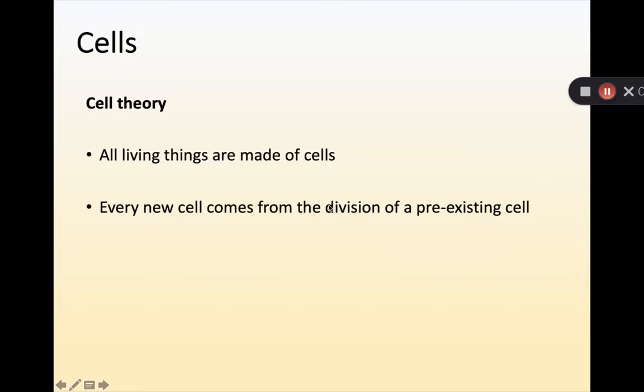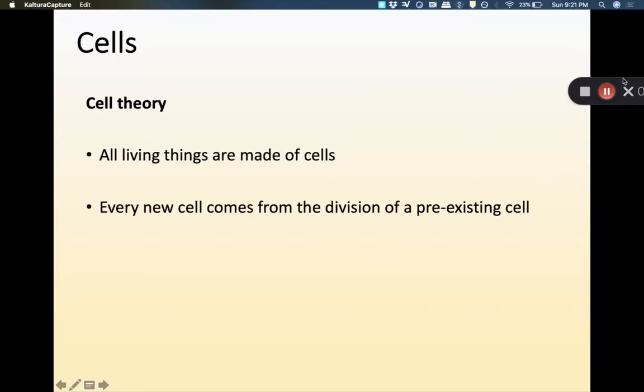It means that all living things, including plants, animals, protists, all life that we are aware of, is made up of individual cells, and that cells come from pre-existing cells. A lot of thinkers at the time thought that cells just came into existence and didn't come from some other pre-existing cell, so this was a really revolutionary theory for its time.